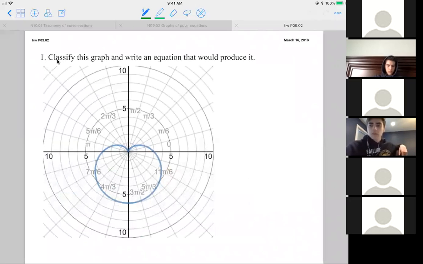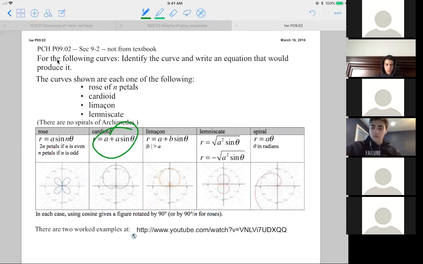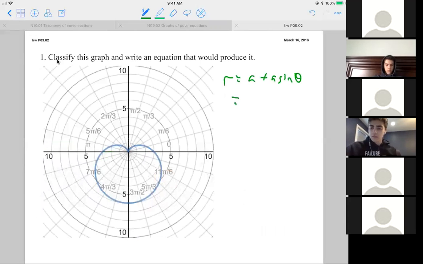It's a cardioid, so its root form is a plus a sine theta. That's in the taxonomy here. But that cardioid is directly up and ours is directly down, so it's going to be a minus a sine theta. That's what flips it around the axis.